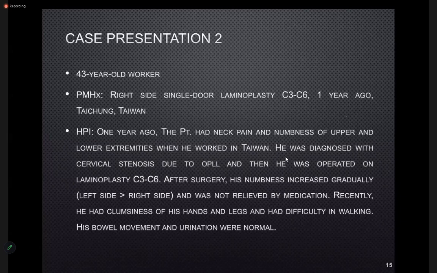He was diagnosed with cervical stenosis due to OPLL, and then he was operated on with laminoplasty C3 to C6. But after surgery, his numbness increased gradually, with the left side more severe than the right side, and was not relieved by medication. And recently, he has clumsiness of his hand and leg, and has difficulty in walking, but his bowel movement and urination were normal.